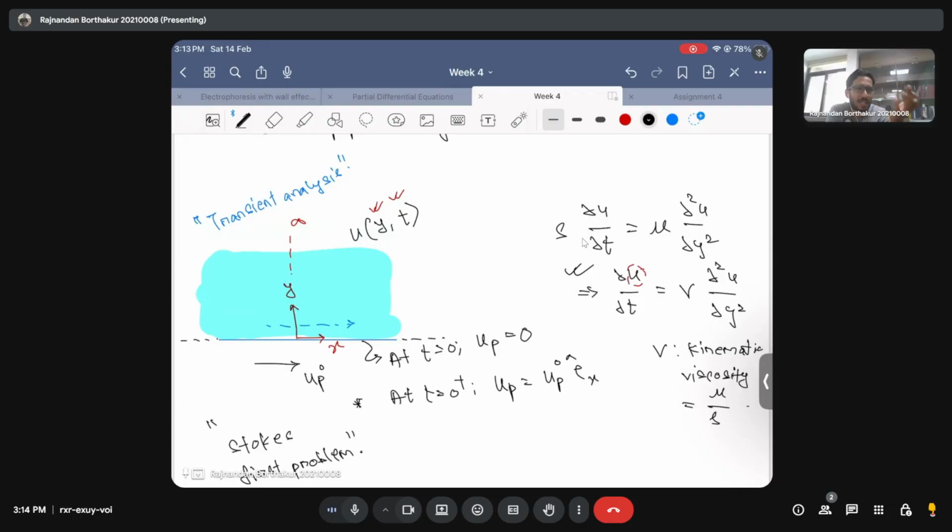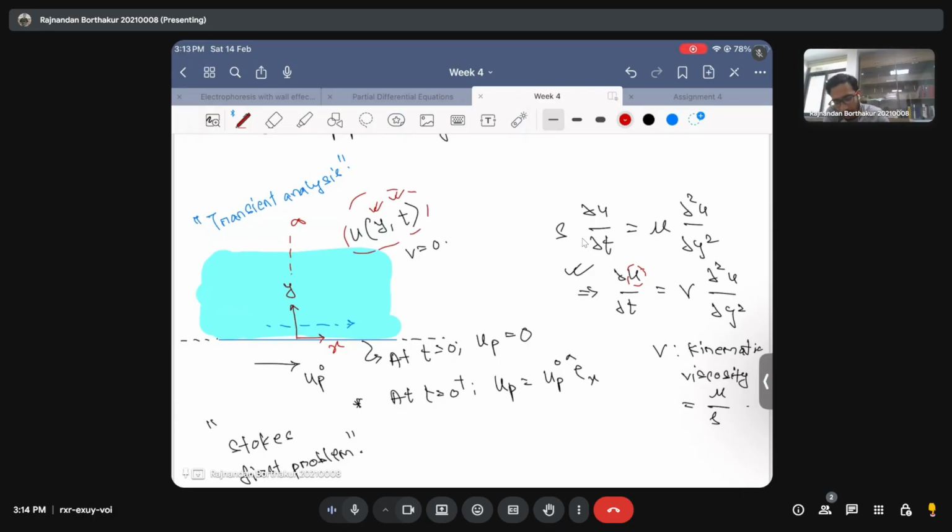It will not be a function of z either, because we are trying to solve this problem in a 2D system. And keeping in mind that there is nothing which can actuate the fluid in the y direction, we don't have a y component of velocity, meaning that v is essentially equal to 0. So this is something that you solved for.